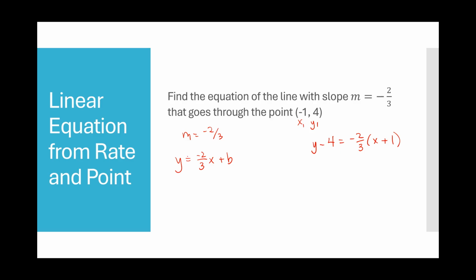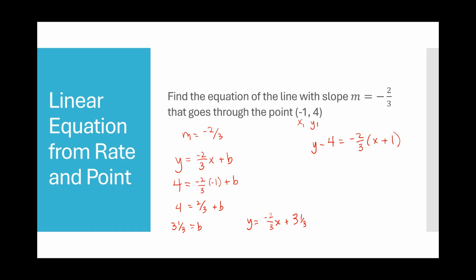I can start with this, plug in my x and my y values, and then solve for b. On that one, my equation is going to be y equals -2/3 x plus 3 1/3.